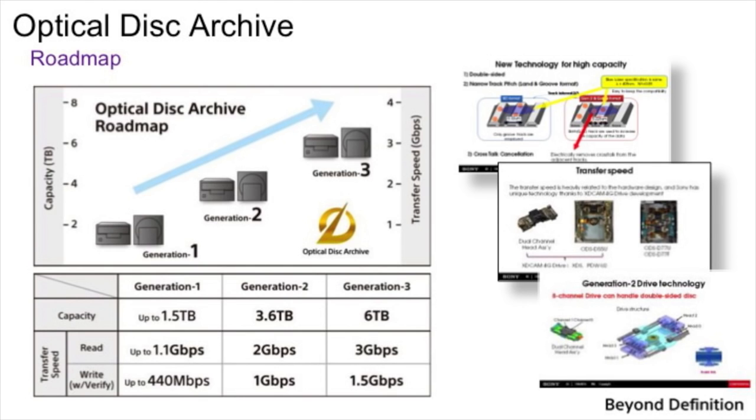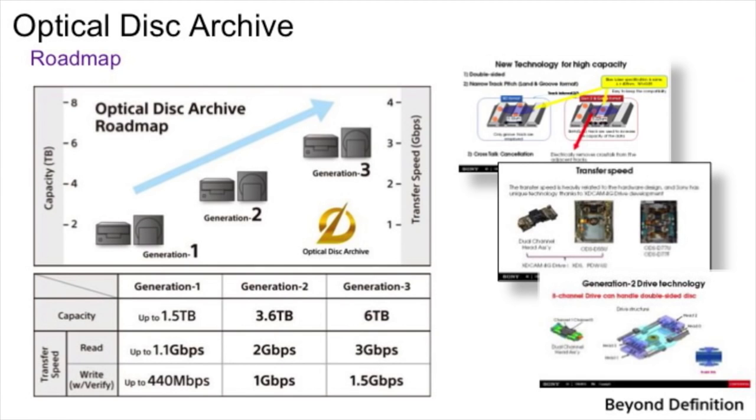I mentioned downward compatibility, no forced migration. Again, that generation 3 is going to be able to read generation 2 and generation 1. In generation 2, the way we're achieving the double performance and also increased capacity is outlined there in the diagrams on the right. As you see in the top right, we're implementing the bits on the land and groove.